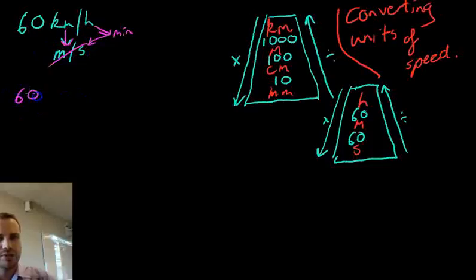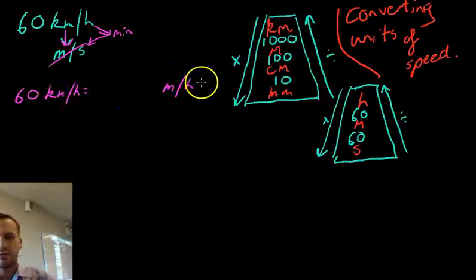So if we've got 60 kilometers per hour and we want to convert it into meters per hour, just look up here at your table, kilometers into meters, because we're converting the kilometers into meters. To convert kilometers into meters, you multiply by 1,000.